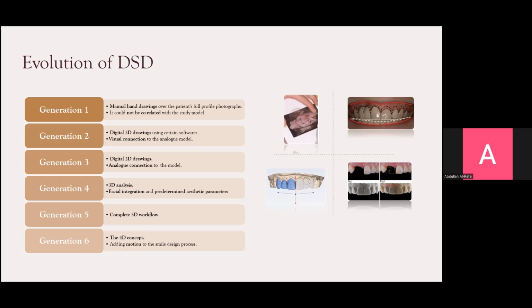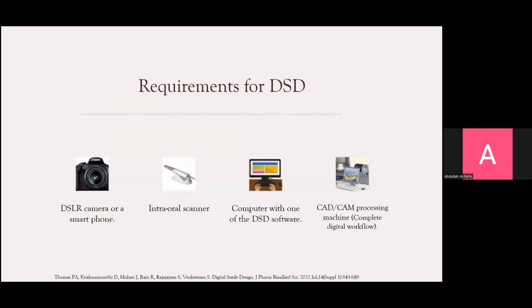And finally, and more recently, in generation 6, the 4D concept was proposed. Here motion is introduced into the digital smile design. We use digital sensors that are placed on the patient's jaw and capture the motion of the patient while smiling. Okay?